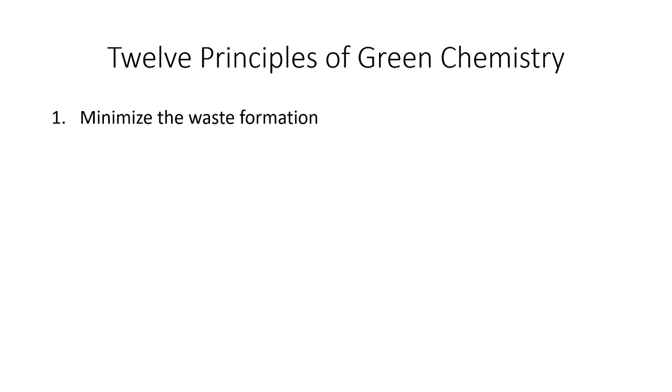One more example is municipal or domestic waste, that is sanitary or sewage waste, which can be used for energy generation by biomethanation of solid waste, which can generate methane gas. That methane gas, as you know, can be used as a fuel. That is the purpose behind this first principle, that is minimization of waste formation. The next point is atom economy.